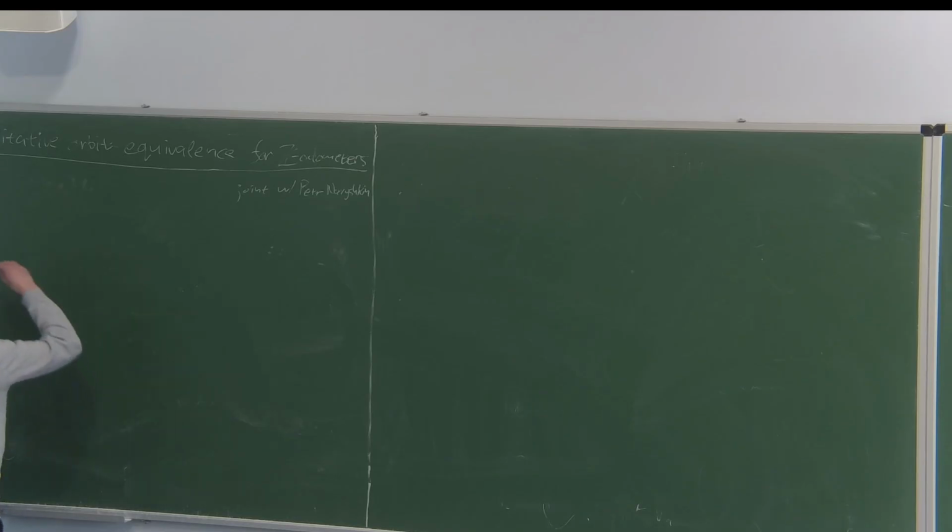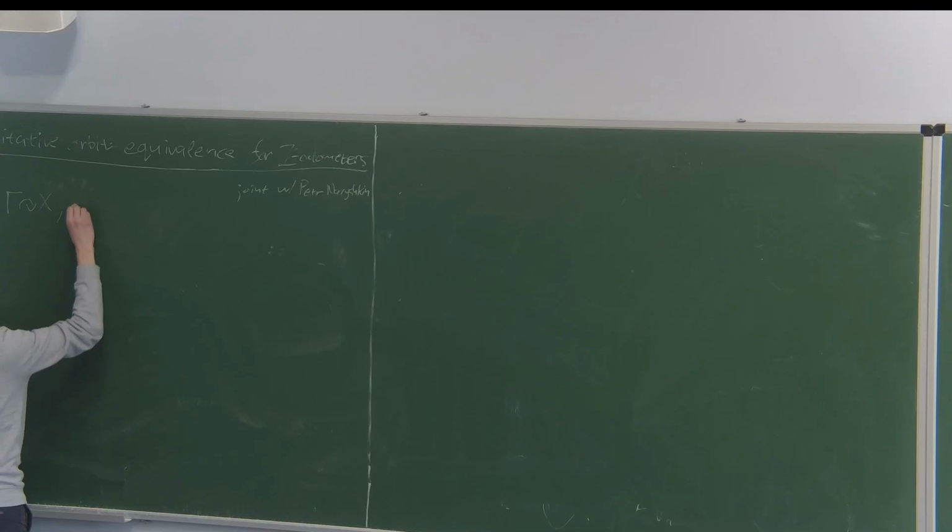by defining orbit equivalence. Of course, we've seen that before. So let's say we have two actions. My groups are always countable discrete.